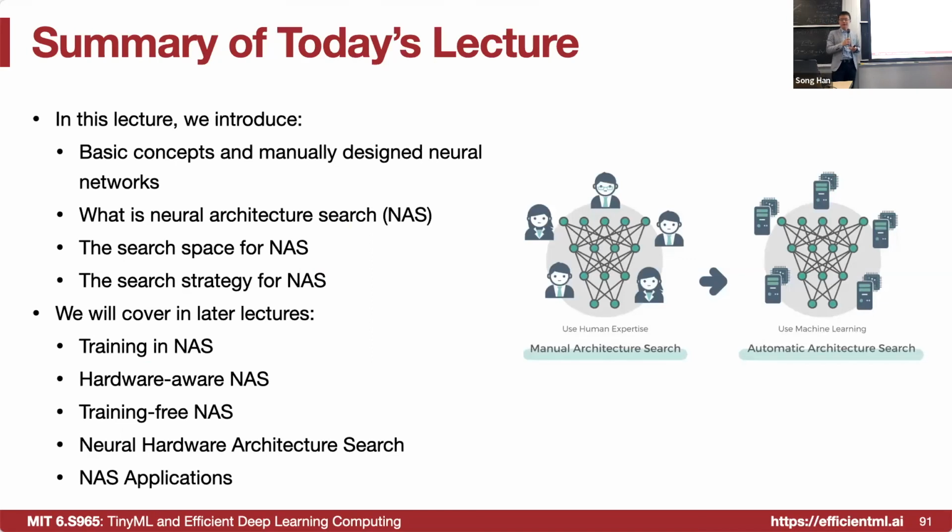All right, so in summary, in today's lecture, we introduced the basic concepts of the building blocks of manually designed models. And then we introduced what is neural architecture search, the search space, and the search strategy. In the next lecture, we are going to talk about training in NAS and hardware-aware NAS.